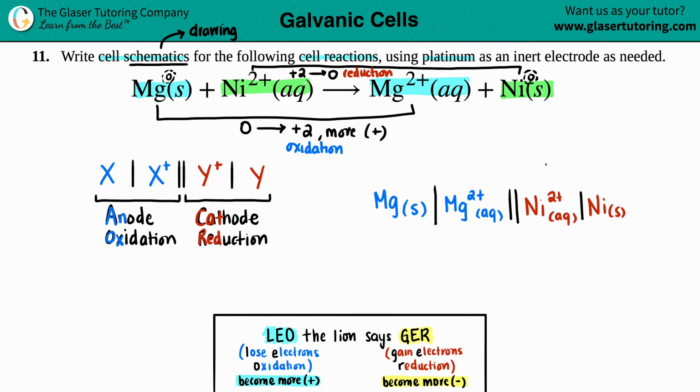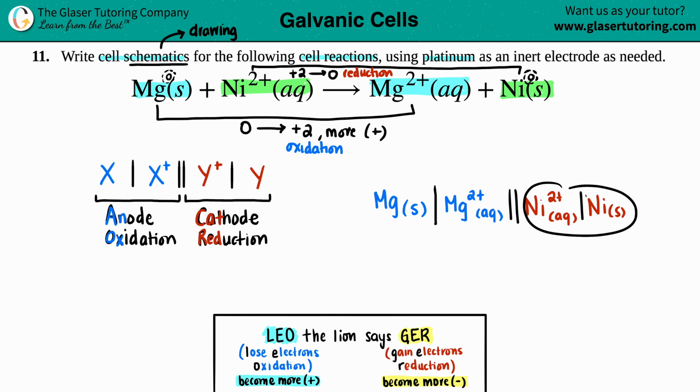How easy is that? Now, I just want to point out here, they did say that we have to use platinum as needed. Now, we only use platinum when we see that either both oxidation species or both reduction ones are aqueous. But in this case, since we have a solid, we don't need platinum.